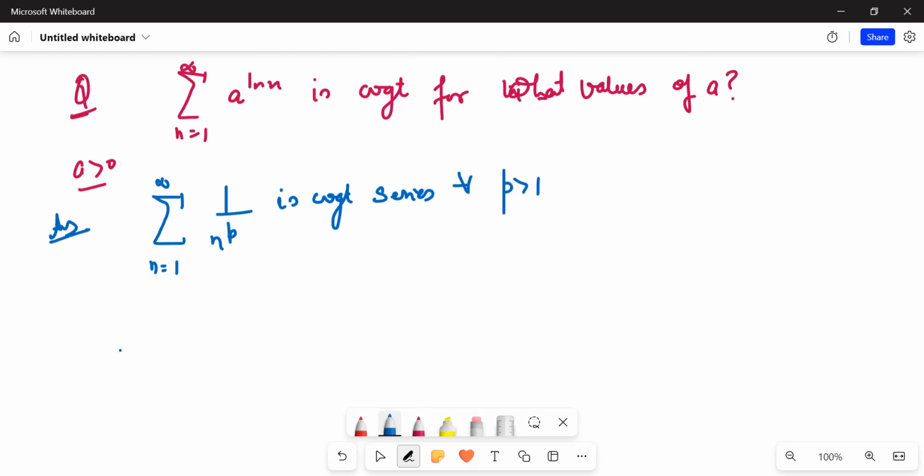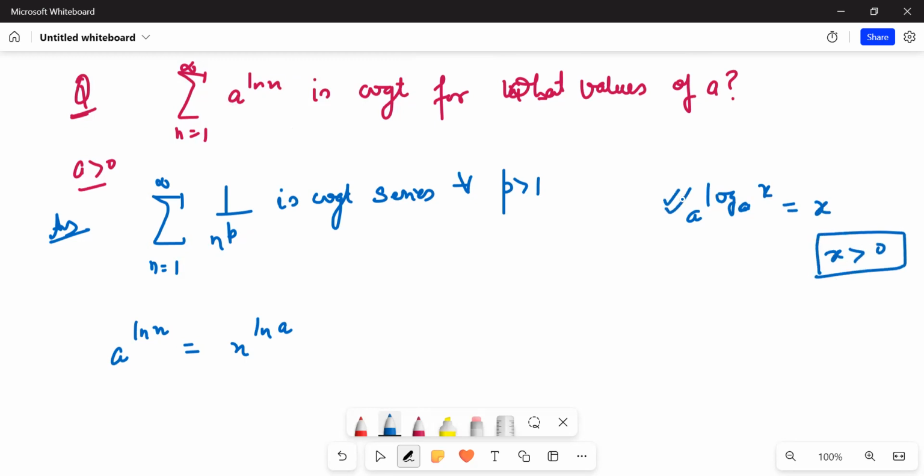And I know this is a property: a raised to power log x to the base a is simply x if x is greater than 0. This is by definition itself, because log and exponential functions are inverse of each other. So basically, this is a composition of a function with its inverse.